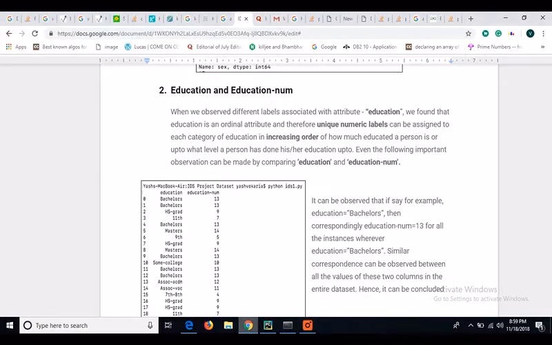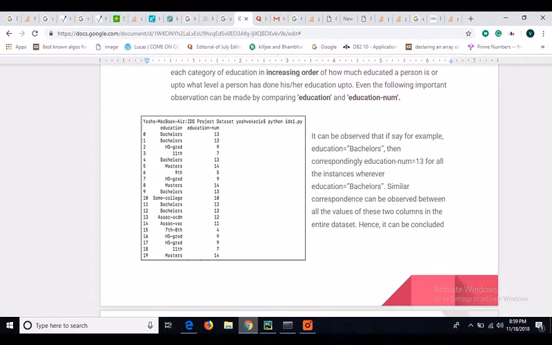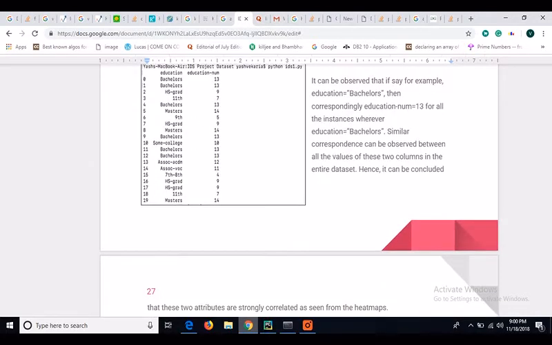Now let us look at the next categorical attribute, education. We also see its relation with education num, since the correlation graph had established a strong correlation between these two attributes. We can compare their column values and conclude that if a particular label in the education column has a fixed value in the corresponding education num column, this means that education is just a string representation of the education num column. So we can drop one of them.